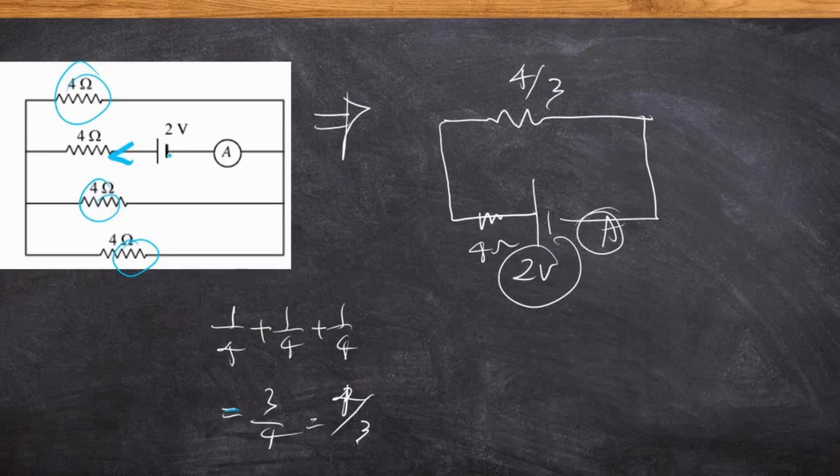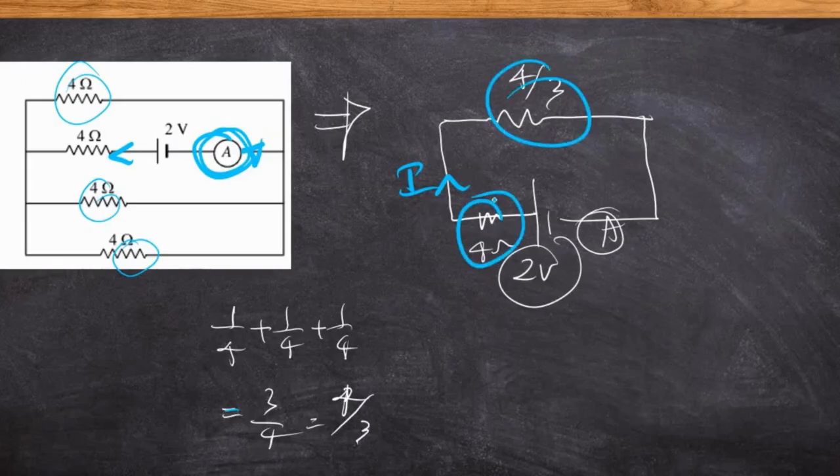So it goes out from the cell and it comes back to the cell again. So total current will flow through this ammeter, remember that. Then these 4 ohms and these 4 by 3 are in series, so we can easily add them. 4 plus 4 over 3, that's 16 over 3 ohms.